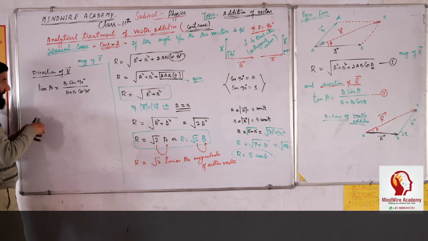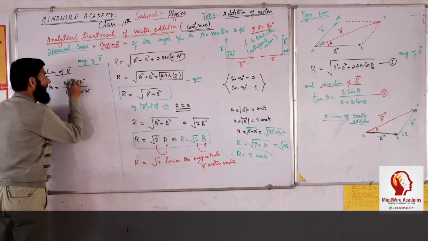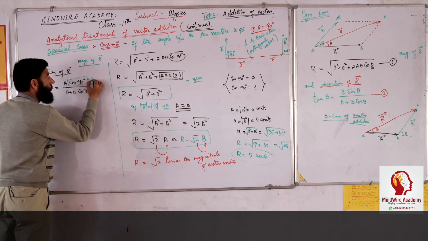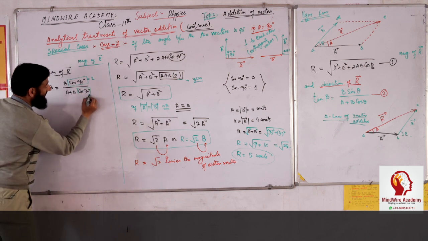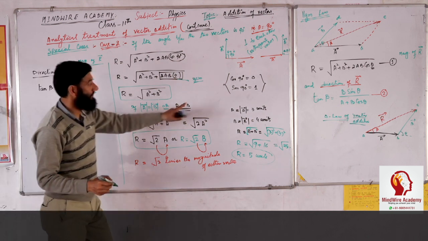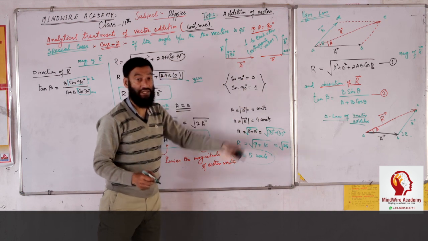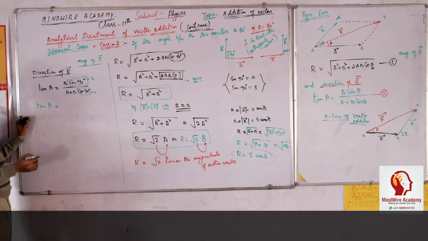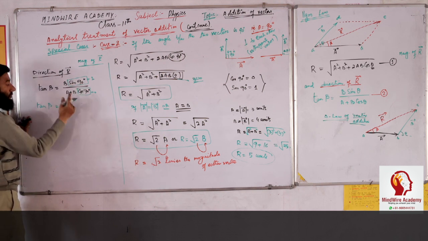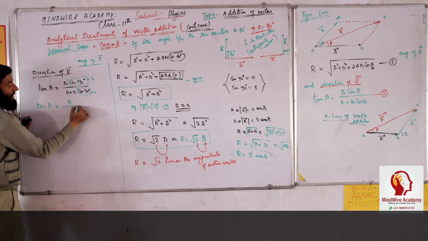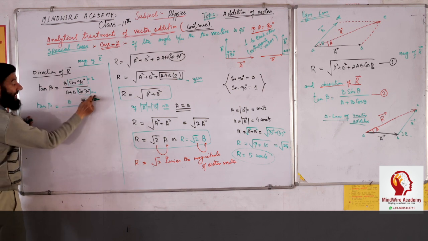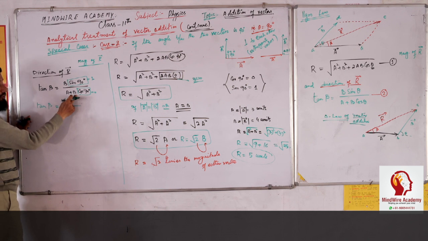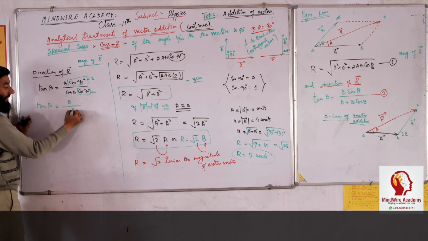So since sin 90 equals 1 and cos 90 equals 0, what we will get: tan beta equals sin 90 is 1, 1 into b, we will get b, upon cos 90 is 0, 0 into b is 0, 0 plus a, we will get a.